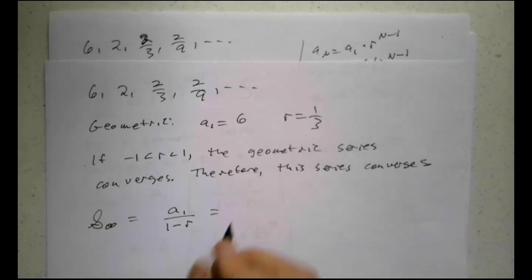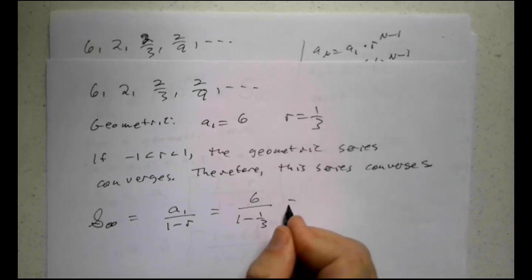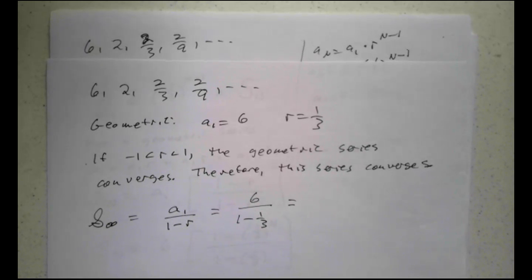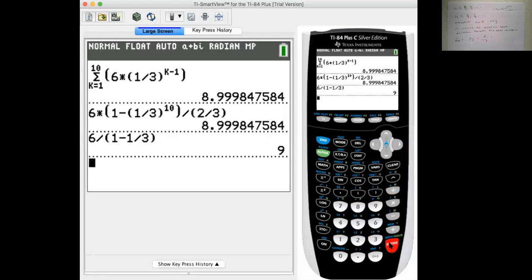The infinite sum is the first term, 6, divided by 1 minus 1/3. What is that going to give me on my calculator? Let's take a look. 6 divided by parentheses 1 minus 1/3. And what do we get? We get 9.